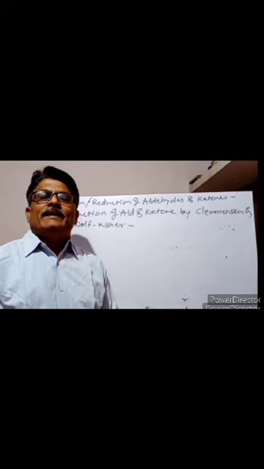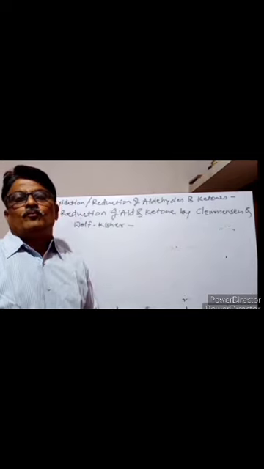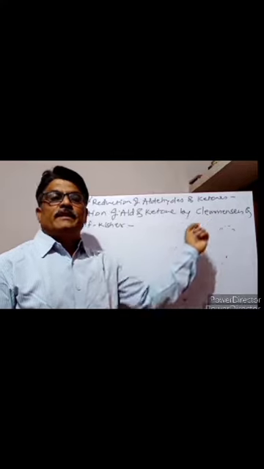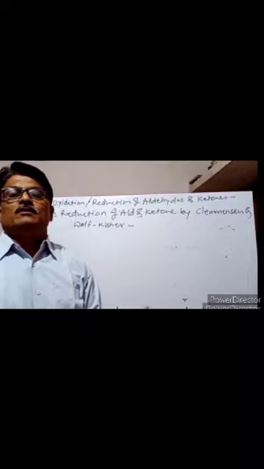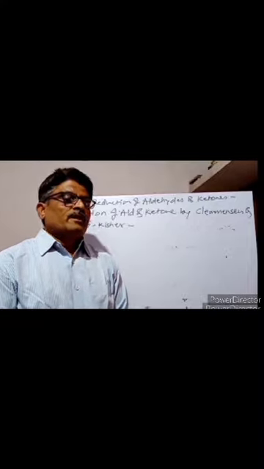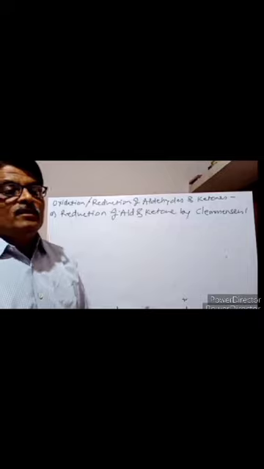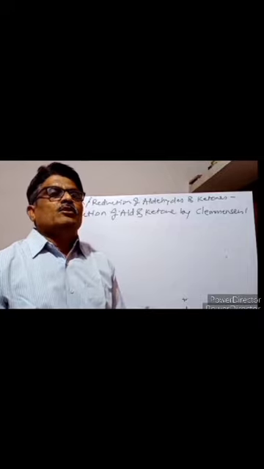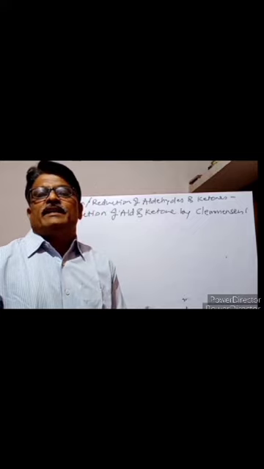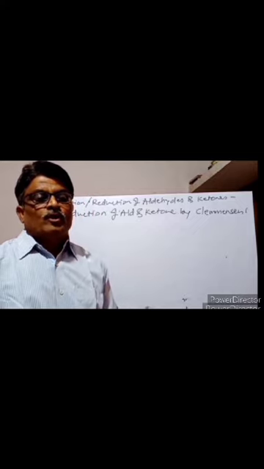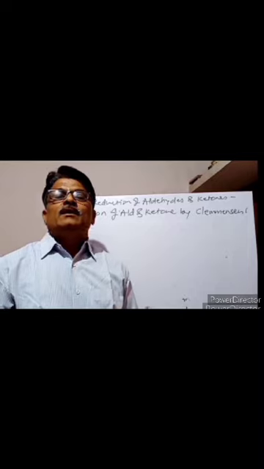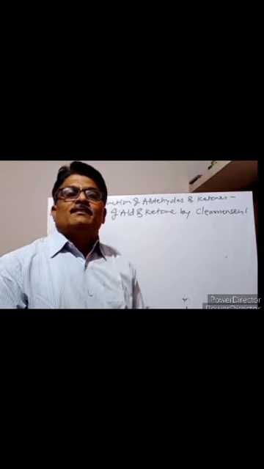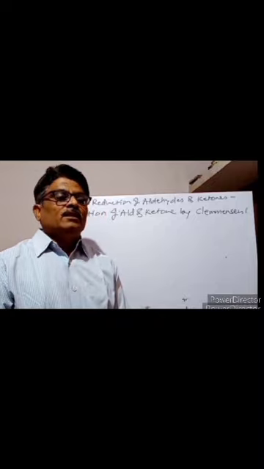Reduction of aldehyde and ketone is carried out by Clemmensen reduction and Wolff-Kishner reduction. In Clemmensen reduction, an aldehyde or ketone is reduced in presence of zinc amalgam and concentrated hydrochloric acid to the corresponding alkane, where the carbonyl group is converted into a methylene group.